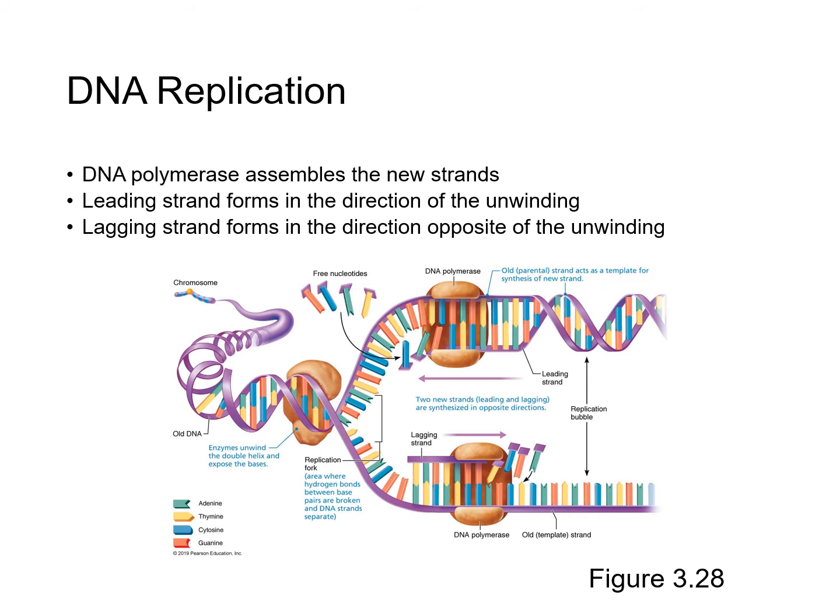The strand that's being formed in the direction where the DNA molecule is being pulled apart is referred to as the leading strand, and the strand that's being formed away from where the DNA is being pulled apart is called the lagging strand. DNA polymerase can only work in one direction with respect to the complementary bases, and so that's why the leading strand and the lagging strand are formed in opposite directions.